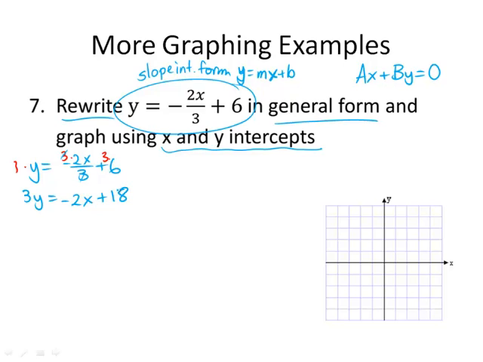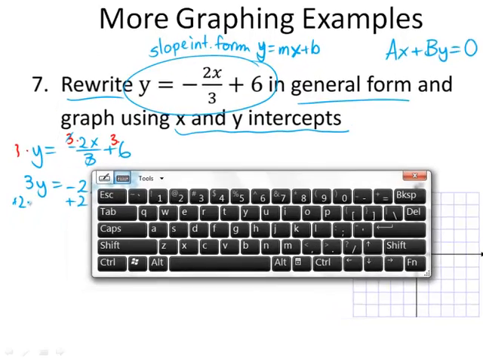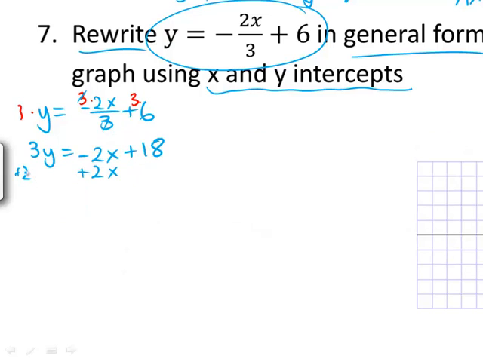Let's bring the x and the y over. So we add 2x to both sides, giving you 2x plus 3y equals 18. Now this is your general form. You'll notice this had a 0 here, but this could have been any constant c.